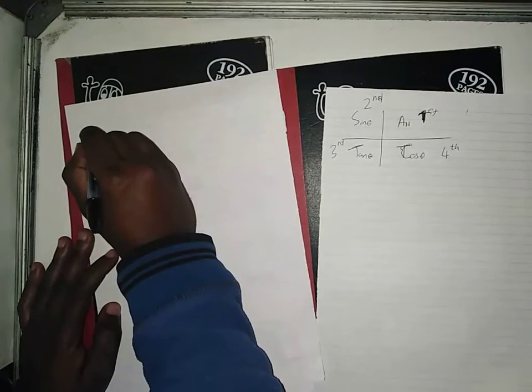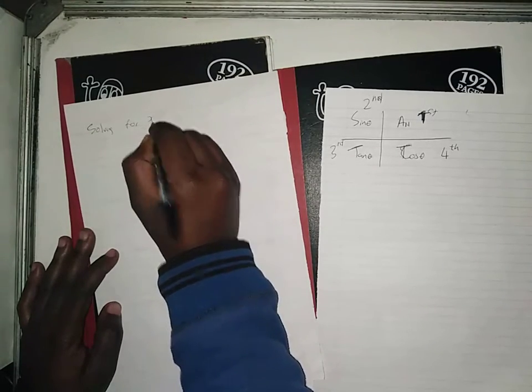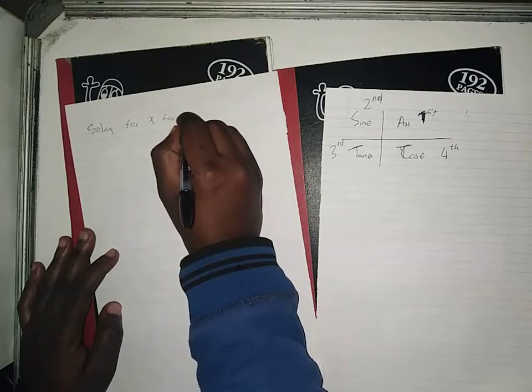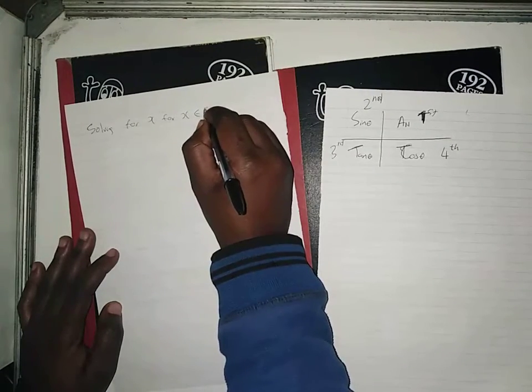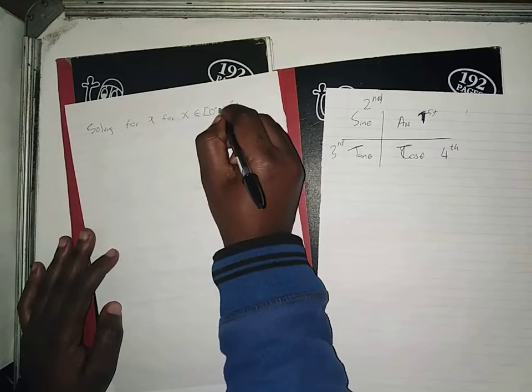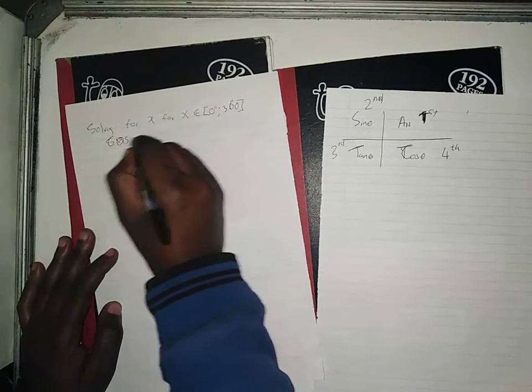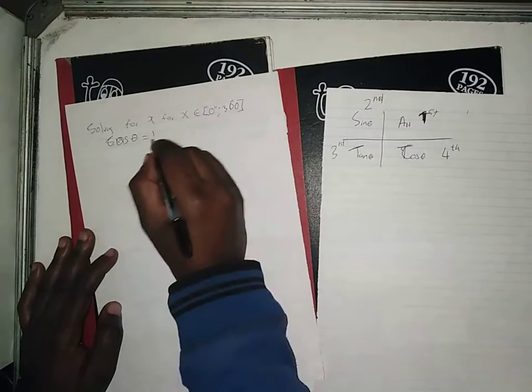Let's say you are solving for x, which is an element of 0 degrees to 360 degrees, and you've got cos theta equal to 1/2. Again, here you must find theta ref.